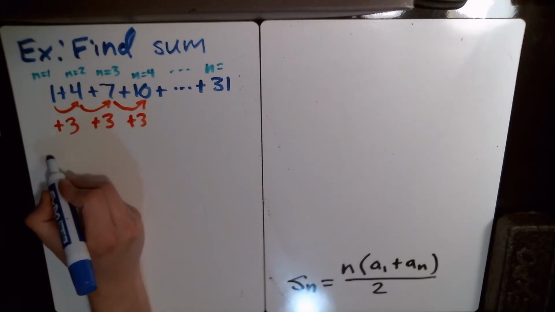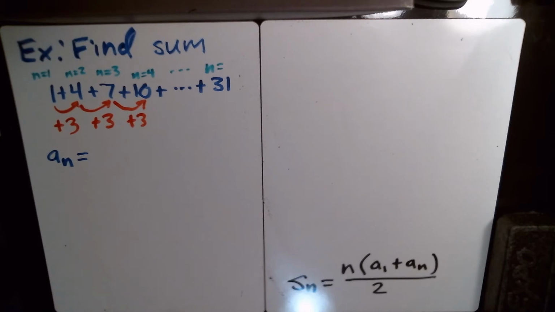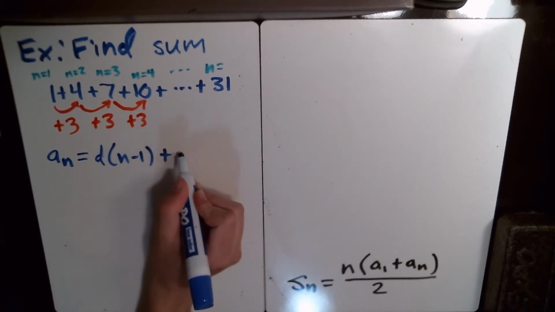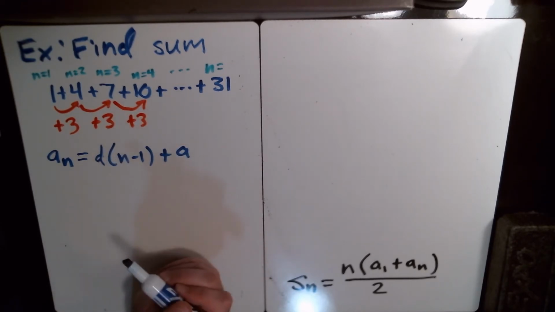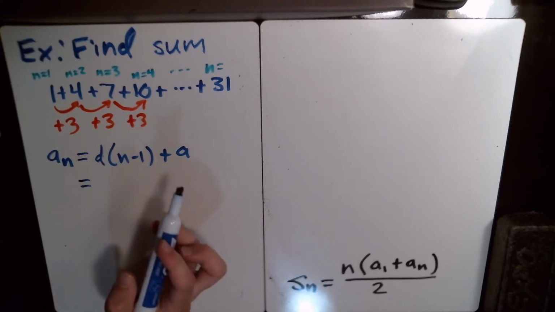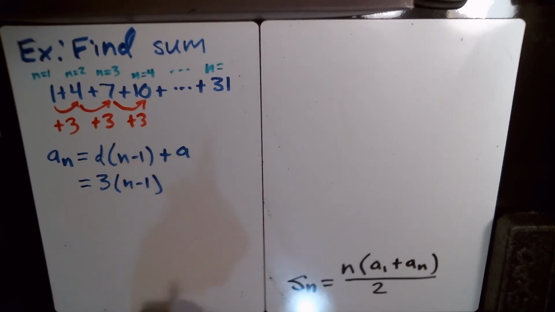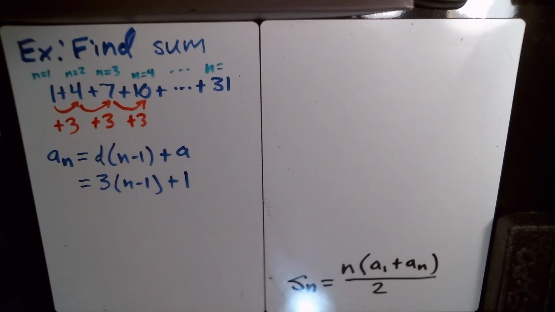Well, it's an arithmetic sequence, so it's going to be of the form d times n minus 1, plus a, where a is your first term and d is the common difference between the terms. So in this case, d is 3, because we're going up 3 each time. And a is the first term, so it's 1 in this case. So this is my formula for a sub n.